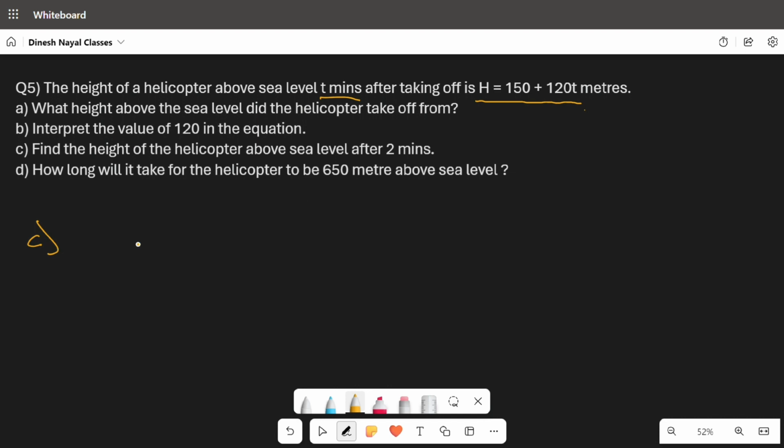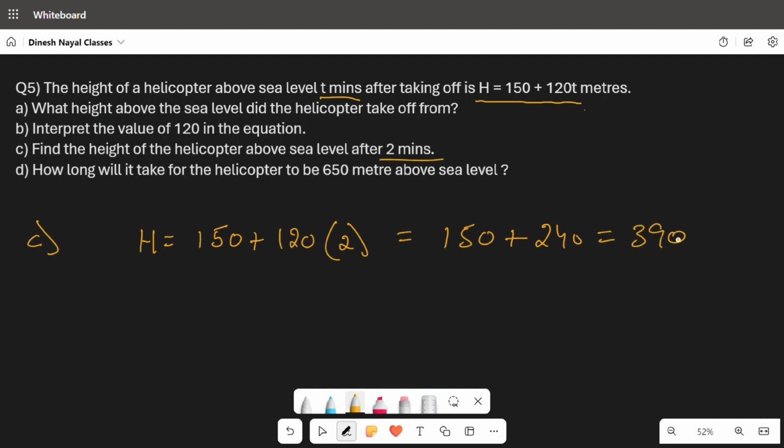So height is 150 plus 120, and over here you substitute the value of t as 2 minutes. So this will be 150 plus 120 into 2, that gives you 240. So that equals 390 meter above sea level after 2 minutes.